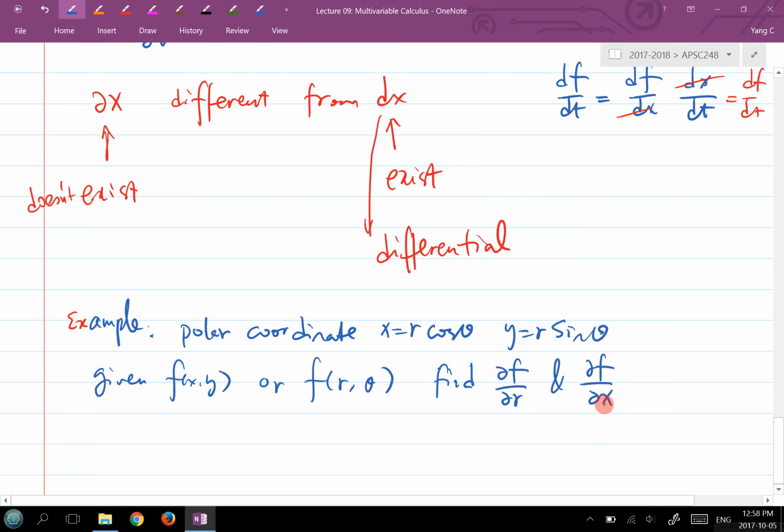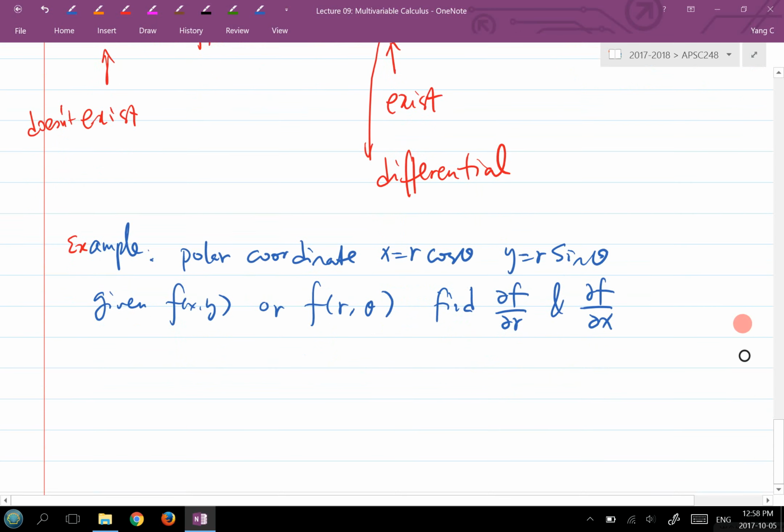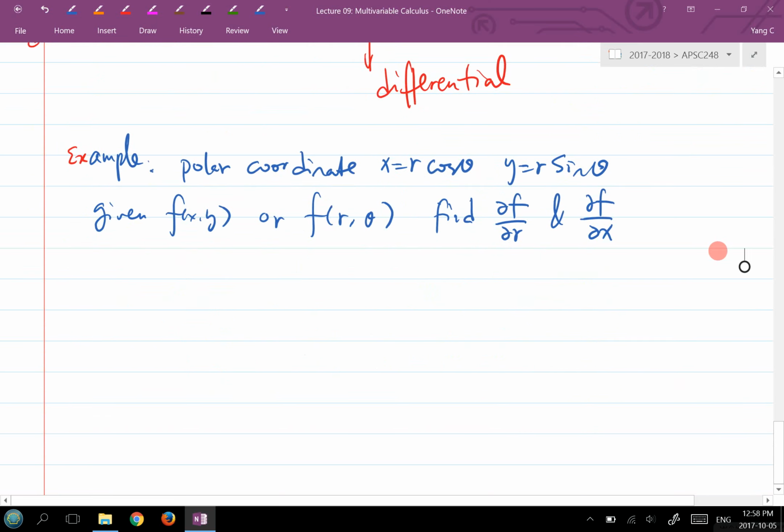Here's an example that you might review when you're taking the EMAT course in the third year for electrical students. Basically, we typically deal with Cartesian coordinates, but you are also aware that there are different ways of describing a point. Aside from the Cartesian coordinates, there's also polar coordinates.